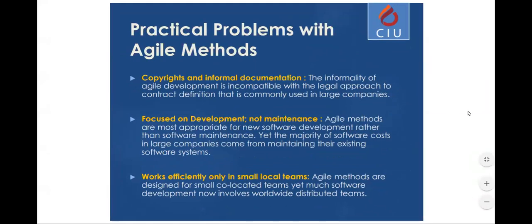Some of the practical problems with agile methodologies, particularly at a global scale, are copyright and informal documentation. It is not always easy to skip the documentation when we scale up agile methodologies, because this is how people and versions are tracked. More importantly, global businesses have to protect their identity because they are rich and working on a global stage.